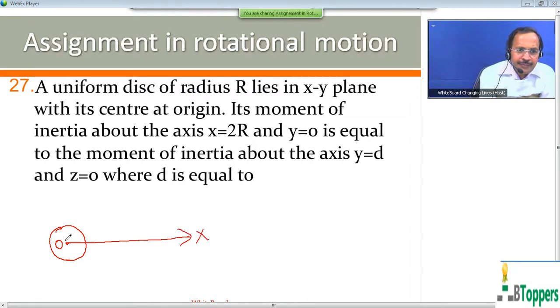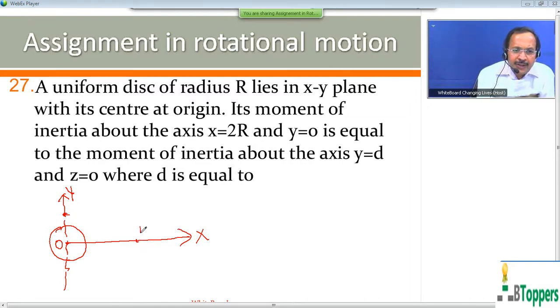OX is the x-axis, OY is the y-axis. So I have finished about the line x equal to r and y equal to 0. I'm sorry, y equal to 0 for the xz plane.